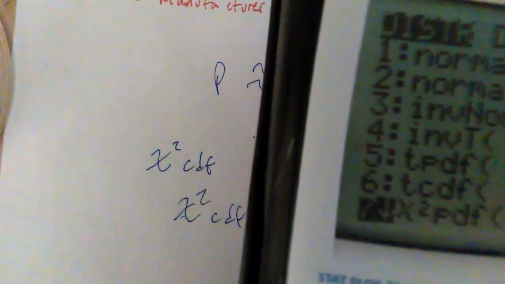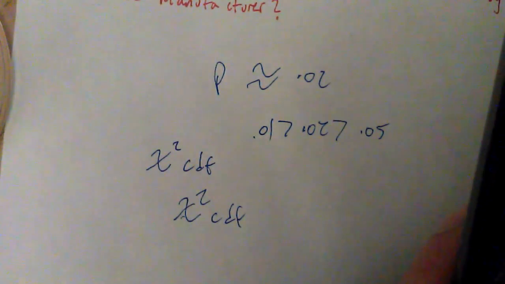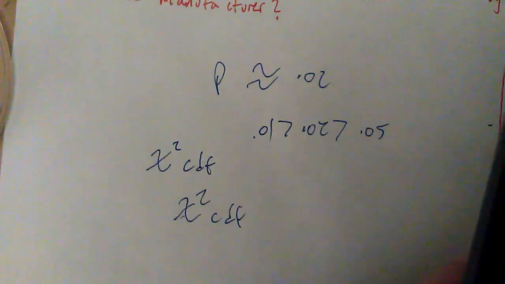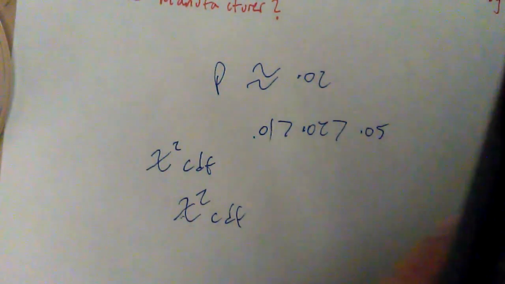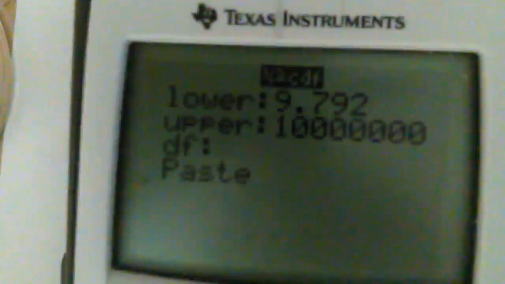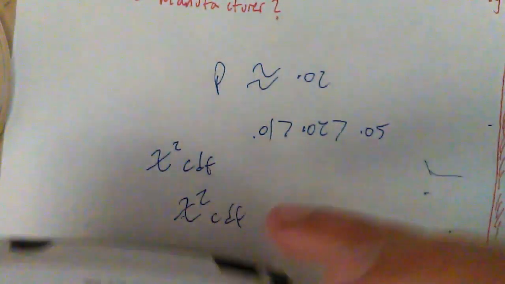You go to second VARS or distribution, chi-squared CDF, you type in your lower, and your chi-squared, which is 9.792, and then some freakishly large number, degrees of freedom 4, paste. And it should spit out the value.